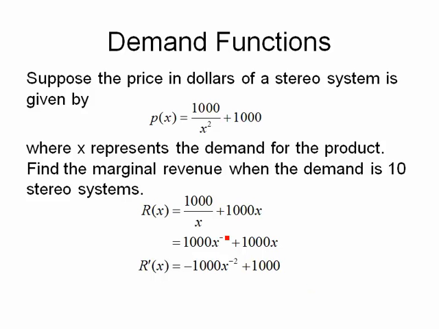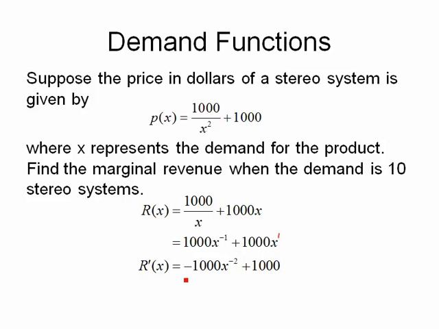So when I apply my power rule, remember the power comes down in front, so I get 1,000 times minus 1, or minus 1,000, and then I subtract 1 from the power. Minus 1 take away 1 is minus 2. When I take that x to the first, and I take the derivative of that, I get 1. 1 times the 1,000 gives me 1,000.